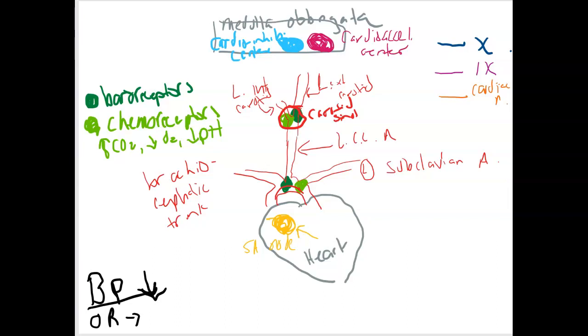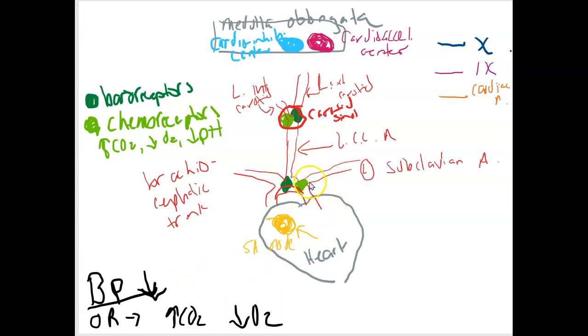It would activate the baroreceptors, or let's say that there's too much CO2 in my blood, okay? Or we could say there's not enough O2. So this is the scenario. We know that both the chemoreceptors and the baroreceptors are going to be activated by either the decreased stretch or the increased CO2, because they're right there.